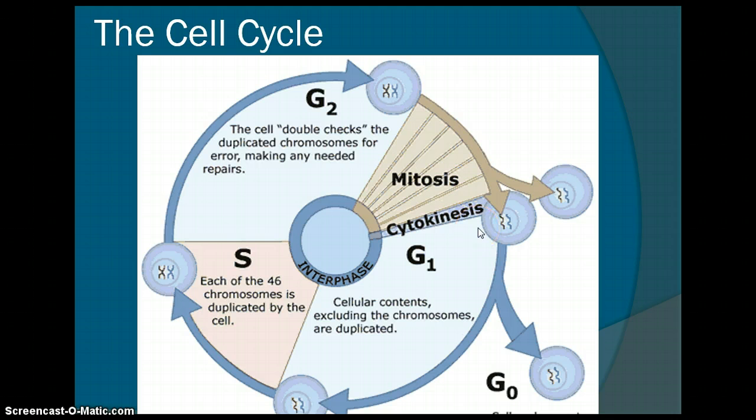These are what we'll get into in the next chapter, but I really suggest that you make sure you have this somewhere in your notes, because you will be responsible for all the different portions of the cell cycle.